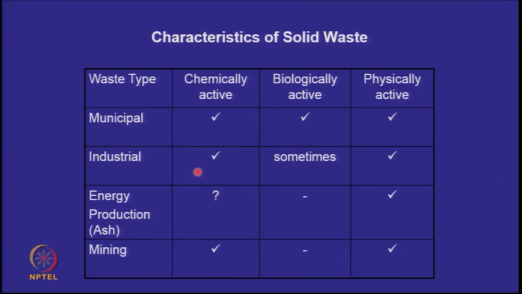Industrial waste is industry specific. So if you're an industry which is mainly dealing with inorganic products, then it will be chemically active but may not be biologically active. And physically active, yes, because it will have the particles which can move away. But if you are in an industry which is having organics and bioproducts, then it will be biologically active.